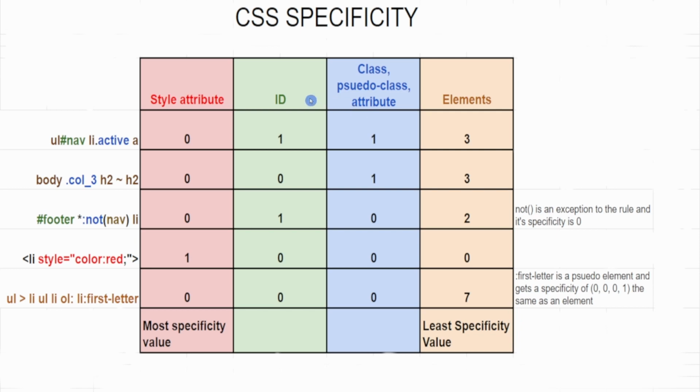pseudo class attribute. The next column is the blue column, which is a class and pseudo attribute class, and this has a higher specificity than the elements but less specificity than the ID. And lastly you have the elements, which is the least specificity.